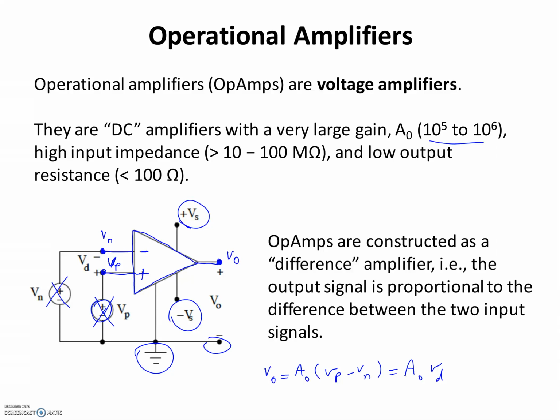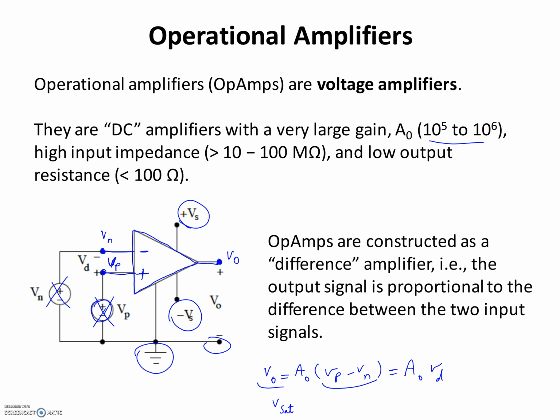This is the way that they're constructed, and the output is proportional to the difference between these two input terminals. Also, the output voltage cannot exceed a certain voltage value, which is called V saturation.